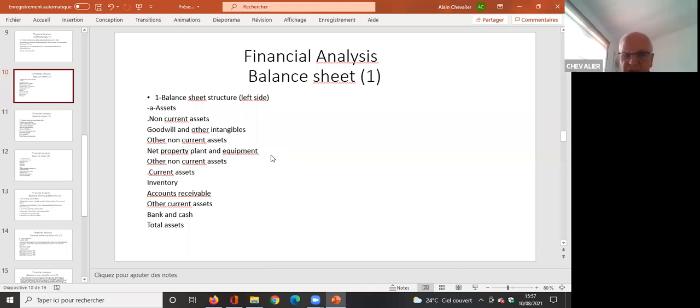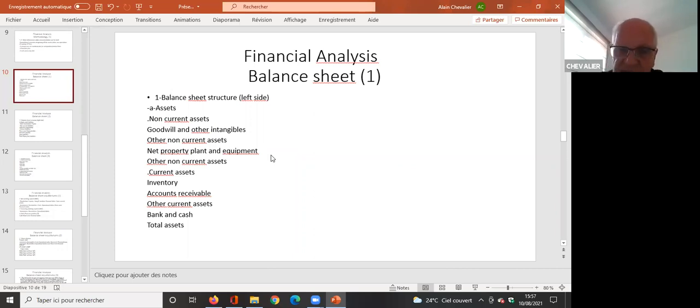They are valued according to the book value system, which is the amount at the bottom of the invoice you paid without the VAT. Okay, so this is the first category.